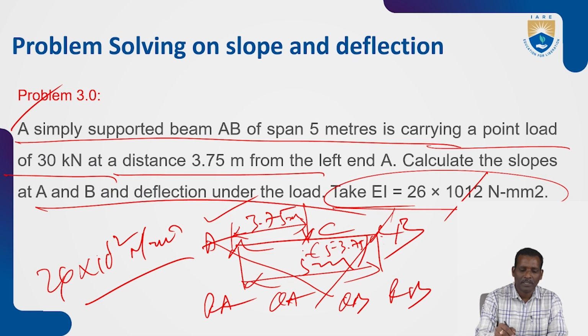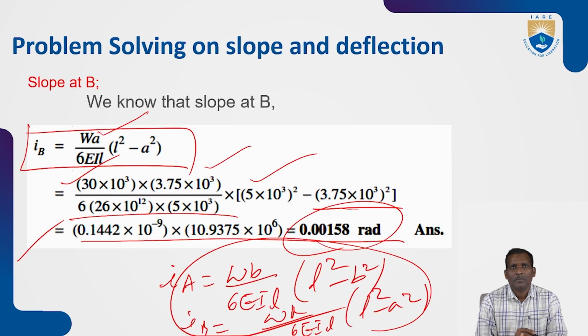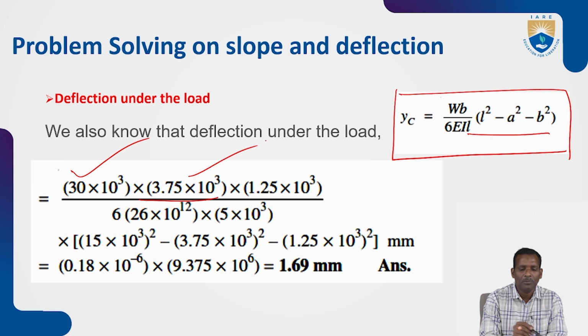So what is the deflection at this C? Now substitute the W value and the B value, and then L square.